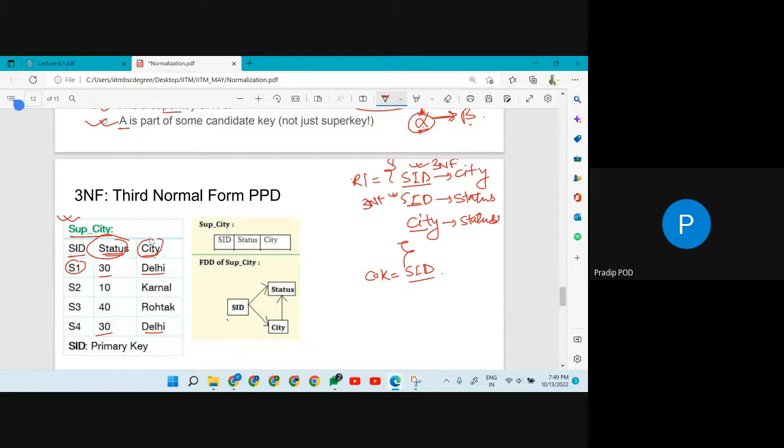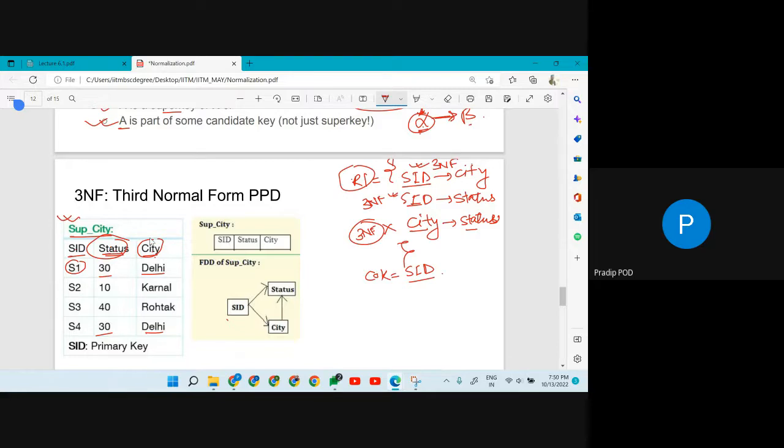No, it is not a super key. Now check the third condition: is the right hand side a prime attribute? Status is not a prime attribute, it is a non-prime attribute. So this violates the third normal form condition. Overall, the relation R1 is not in third normal form.